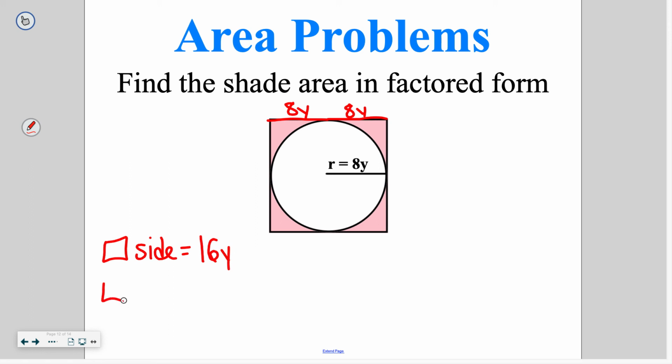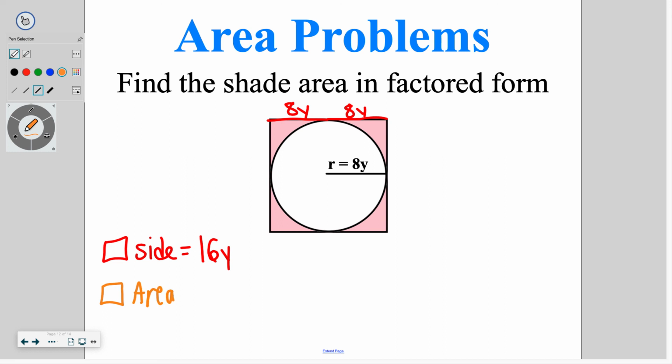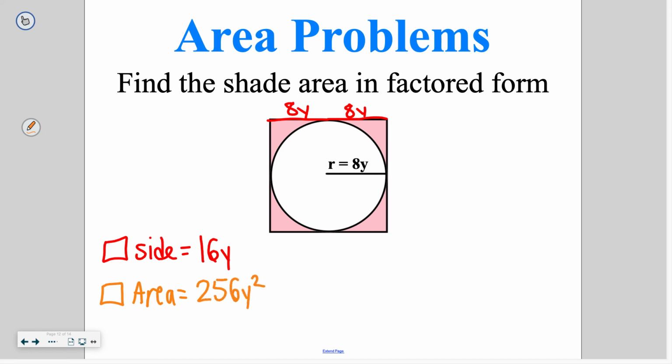So then I'm going to next figure out the area of that square. In order to find area, we need to take our side and square it. So 16 squared is going to give me 256, and then y squared. So that deals with the large pink square.